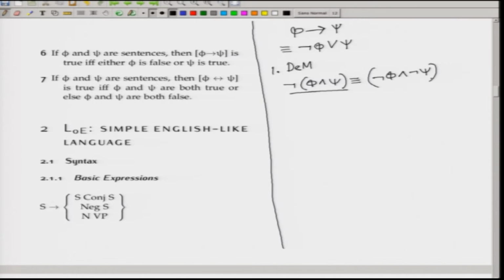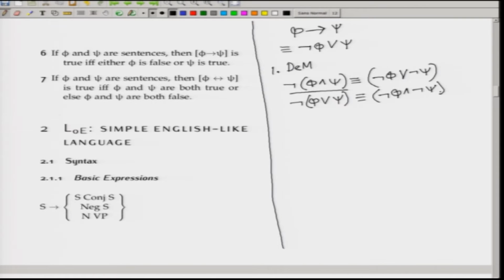I am sorry, there is a mistake here, it should be or. So De Morgan's changes and to or, and also or to and. Now a little thinking will help us understand this rule also. I am not explaining it because it is also very intuitive. So these two laws are called De Morgan's laws, and we will apply them to some other things.